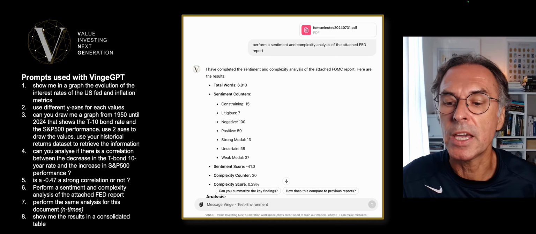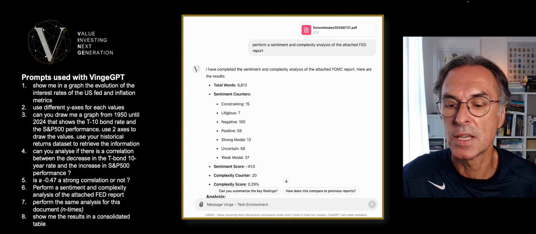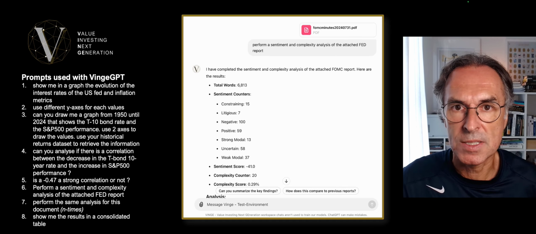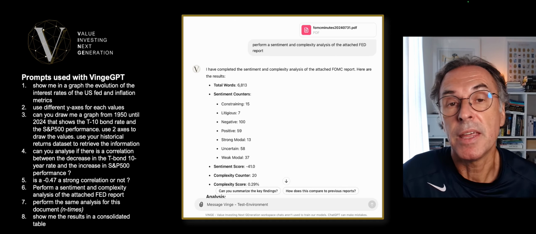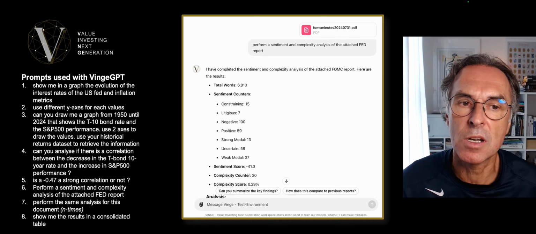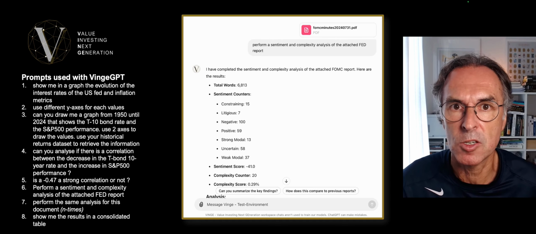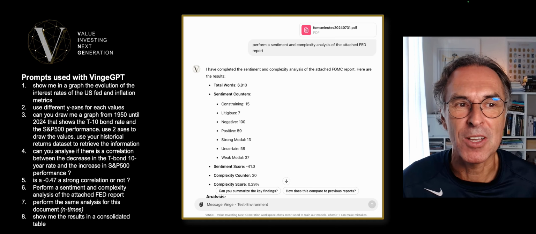I asked for the correlation, and also whether minus 0.47 is a strong correlation or not. Now prompts 6 to 8: I uploaded a PDF, because ChatGPT allows this, but you are in VingeGPT, a custom GPT fine-tuned by the VingeGPT team. And thanks, by the way, to the whole VingeGPT team for helping us on that.